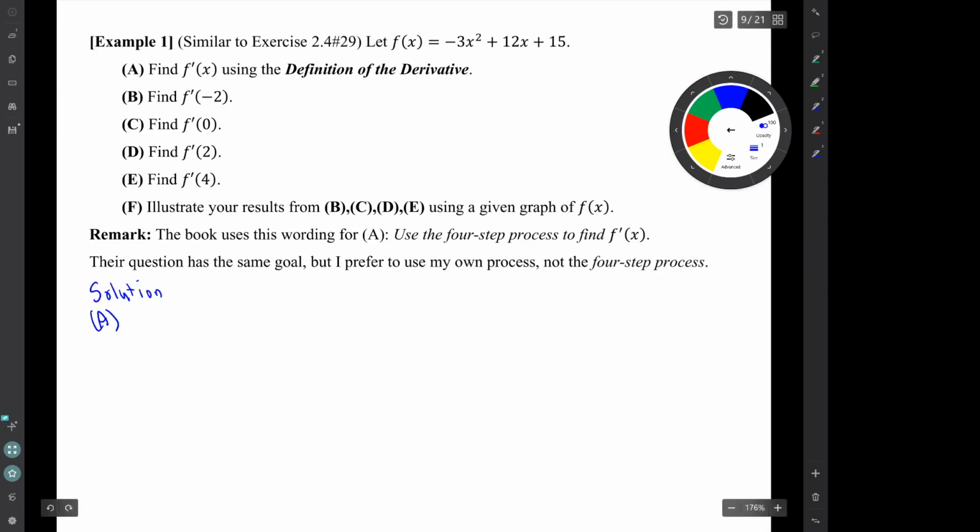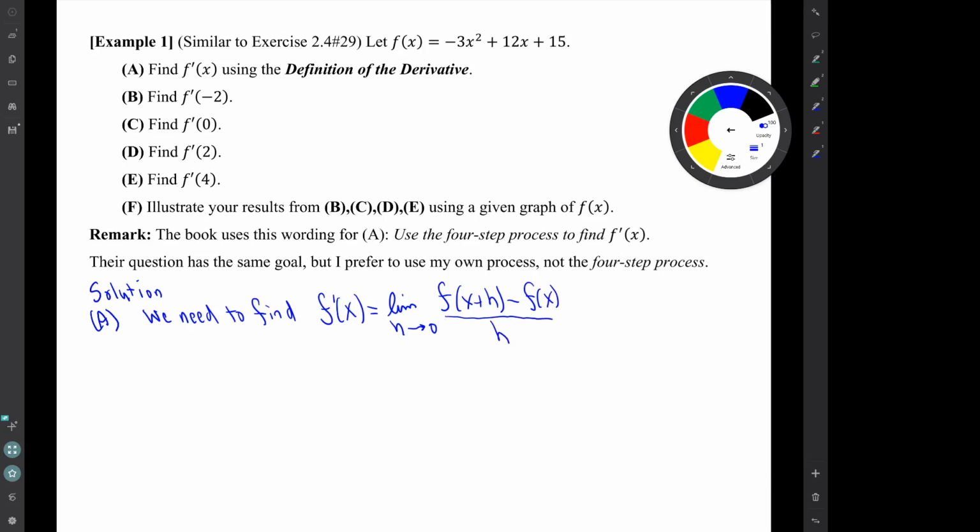So our goal. So we need to find that limit. Now notice that this is actually an indeterminate form. If we were to substitute in h equals 0, we would get f of x minus f of x in the numerator. That would be 0 in the numerator. And we would get 0 in the denominator.